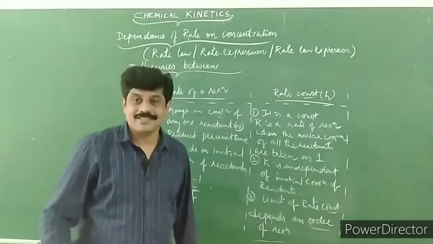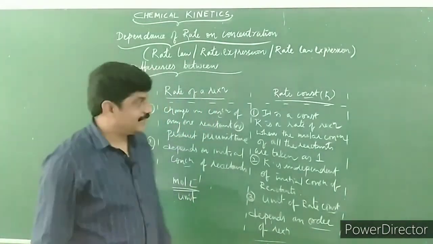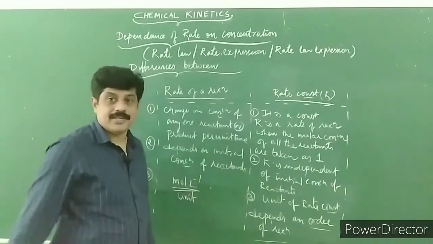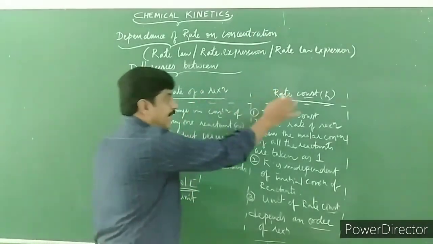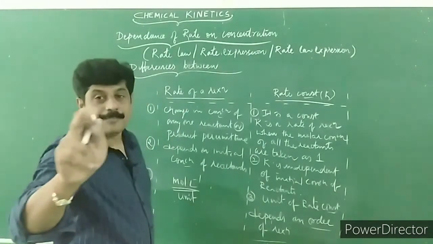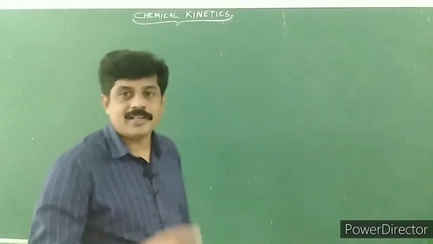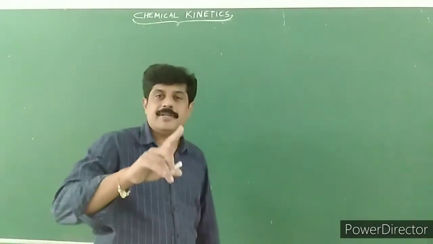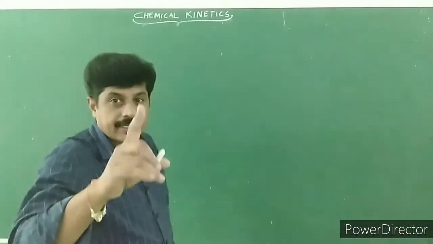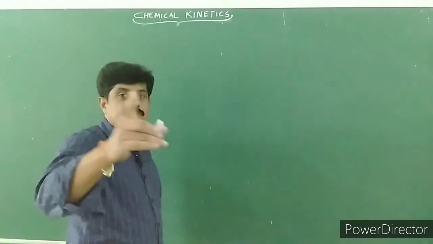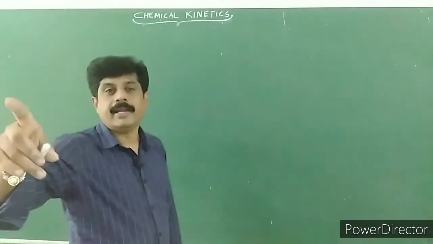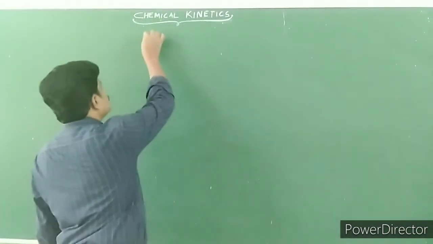What is the order of reaction? I am going to teach it now itself. Children, so these are the three differences between rate of reaction and rate constant. This is very, very important for the examination. Children, after understanding the differences between rate of reaction and rate constant, let me take up the next topic, the experimentally determined rate law expression.